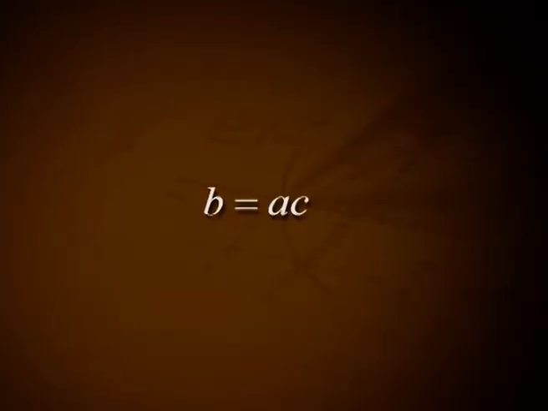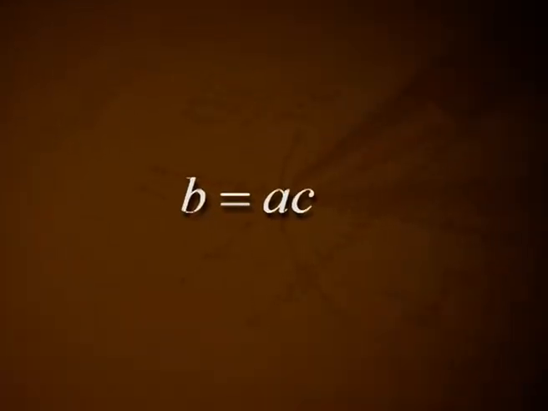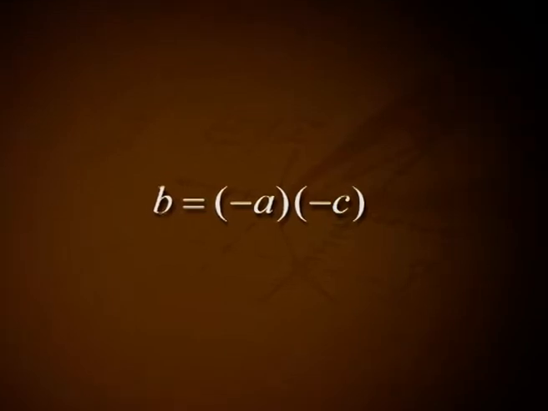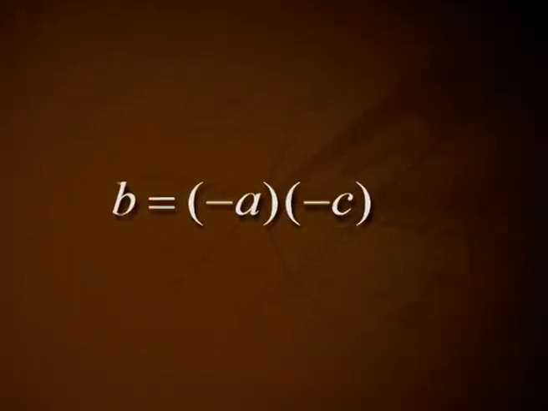Result. The divisors of an integer always occur in pairs. Proof. If a is a divisor of b, then there is an integer c such that b is equal to ac, equation 1. From the above, c is also a divisor of b. Equation 1 implies that b is equal to minus a into minus c, showing that minus a and minus c are divisors of b.